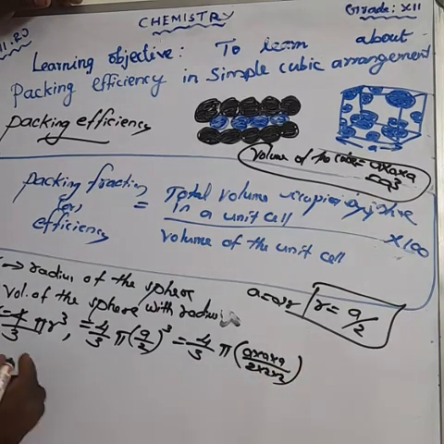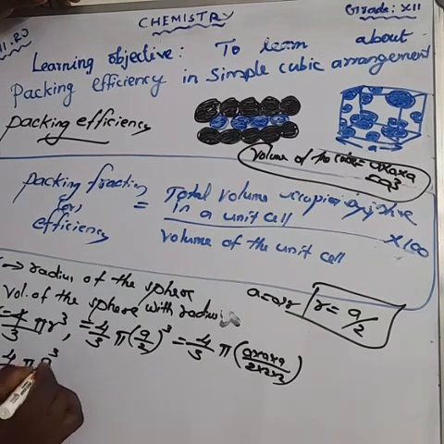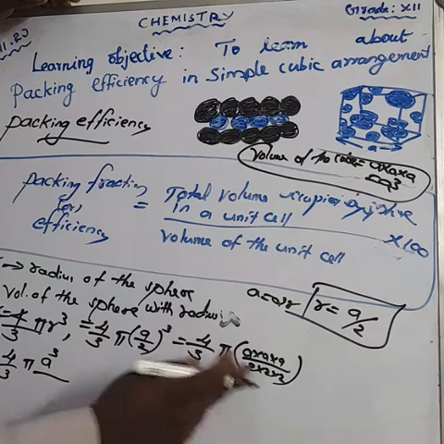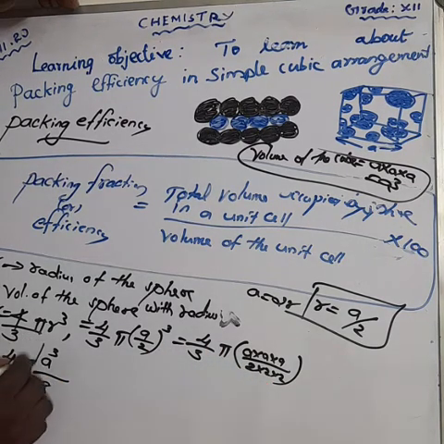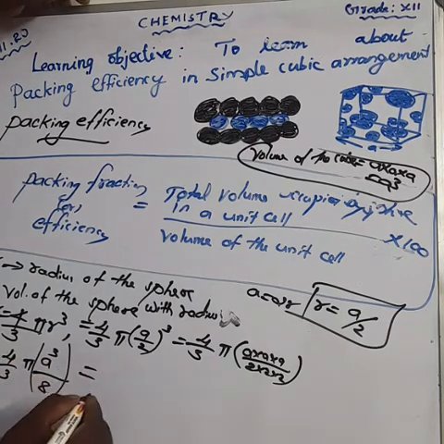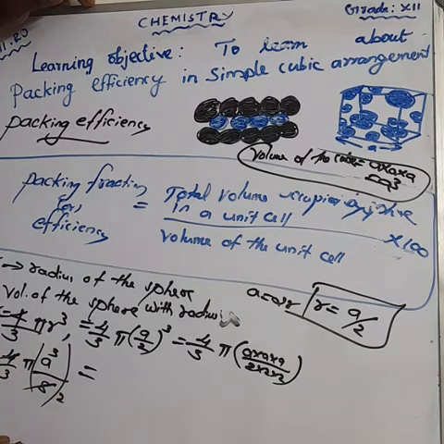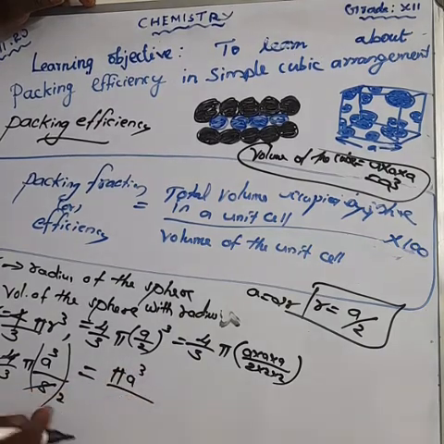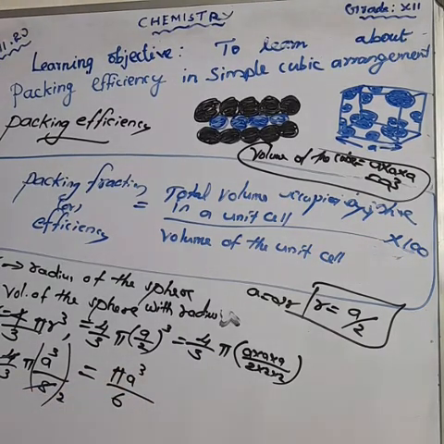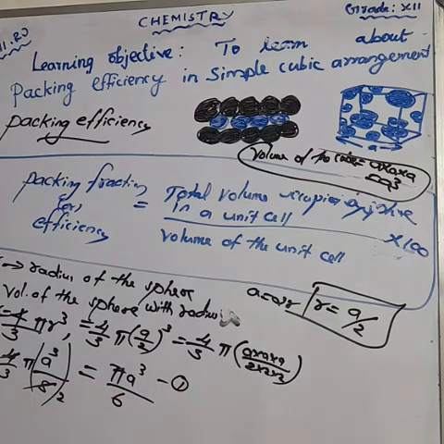So we can write 4 by 3 pi A cube divided by 8. Cancelling, we get 2 and 3 twos are 6. So our value is pi A cube divided by 6. This is equation number 1.